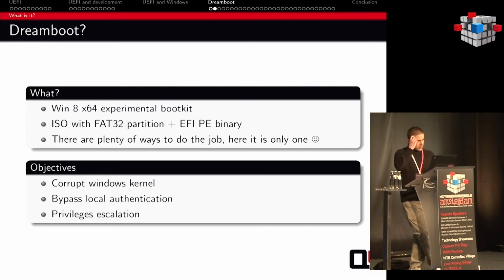So my idea with Dreamboot is to execute some code in userland. First idea is to bypass local authentication, a bit like the tool called Conboot, if you know it.